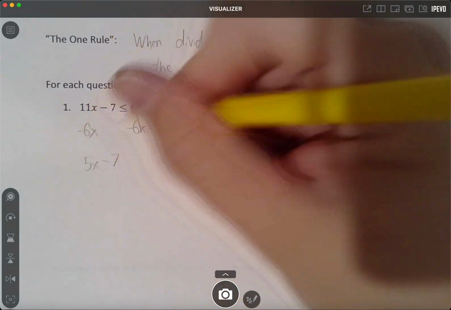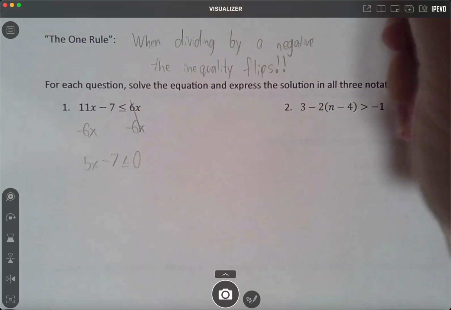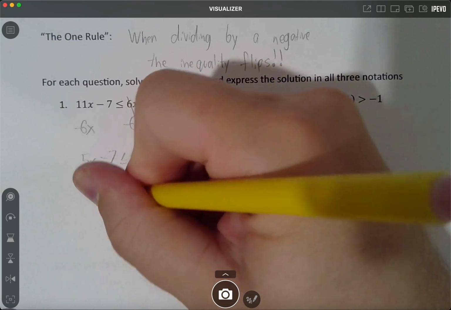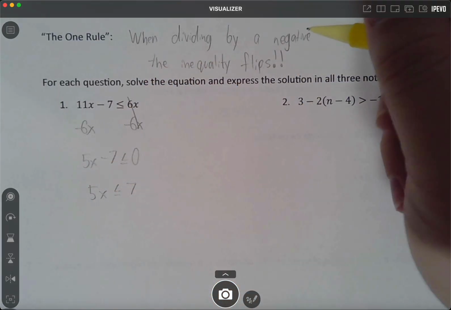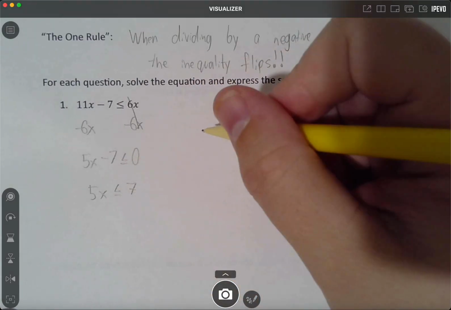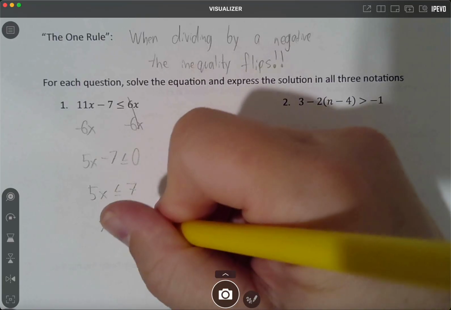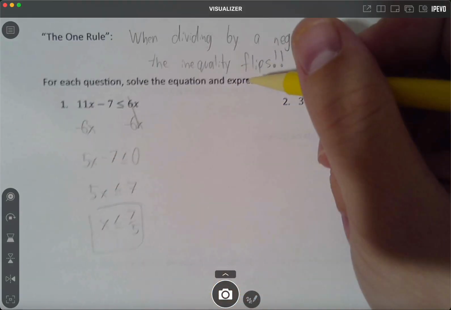There's a negative 7. This is a little funky. We haven't seen this yet. There's now nothing on the other side. Well, that's just 0. From there, all I have to do is add 7 to the other side, which I'm just going to do like that and kind of not write the whole thing out. Then I just need to divide by 5, and unfortunately, oh man, I already have a fraction again. But this would be my kind of answer.